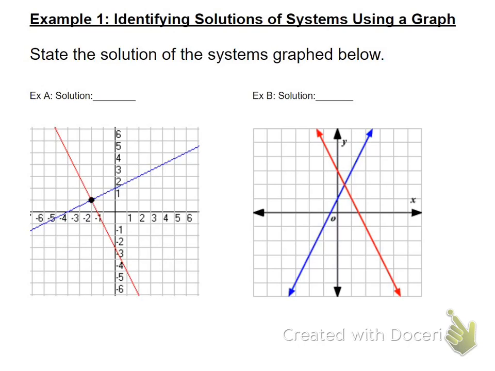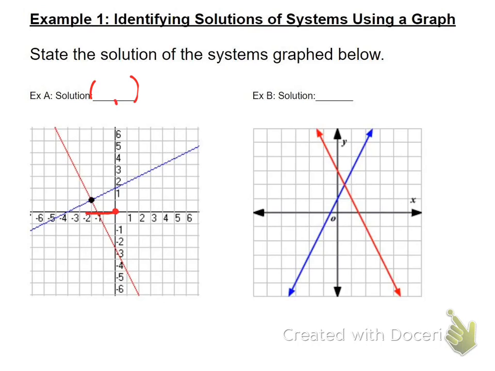So let's look at our first graph here. What's going to be the x value of where these 2 lines cross each other or intersect? What's our x? Well, if we're starting here from the origin, so we're trying to come up with an ordered pair, if we start at the origin, we're going to have to go over to the left 2.